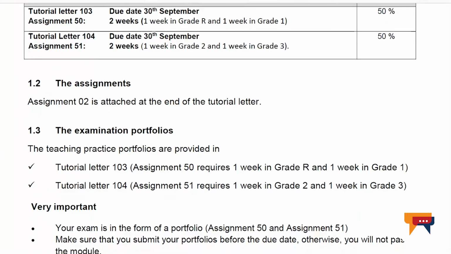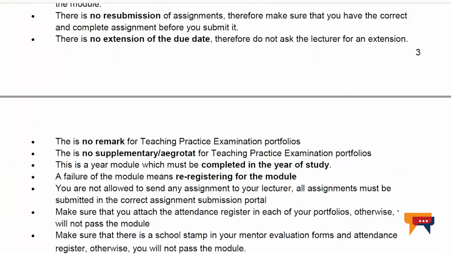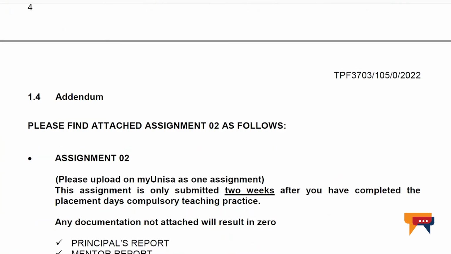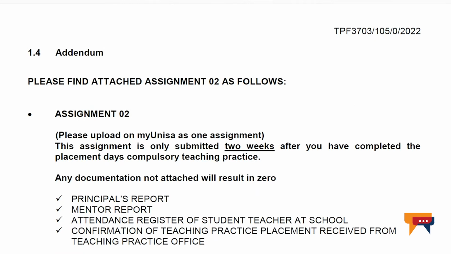Now, I'm scrolling quickly through this and going straight to your assignment 2. Please find attached assignment 2 as follows. Please upload on myUnisa as one assignment all these 4 documents.